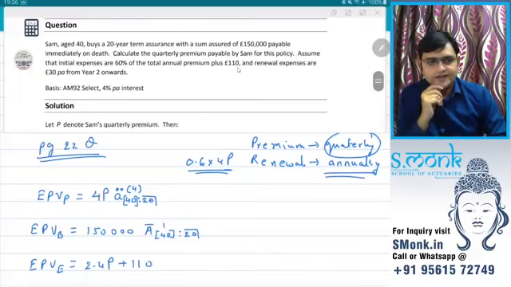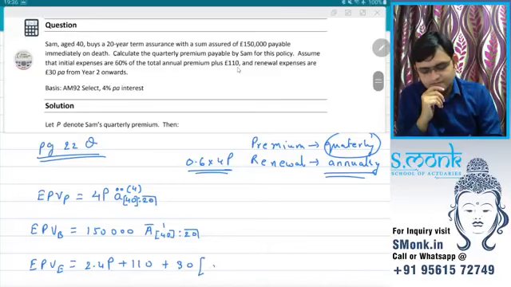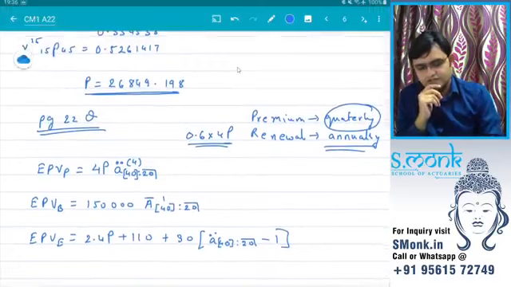Initial expense plus renewal expense is 30 from year 2. So it's a 30 A due select 40 going for 20 years minus 1. These are all 40, 20.